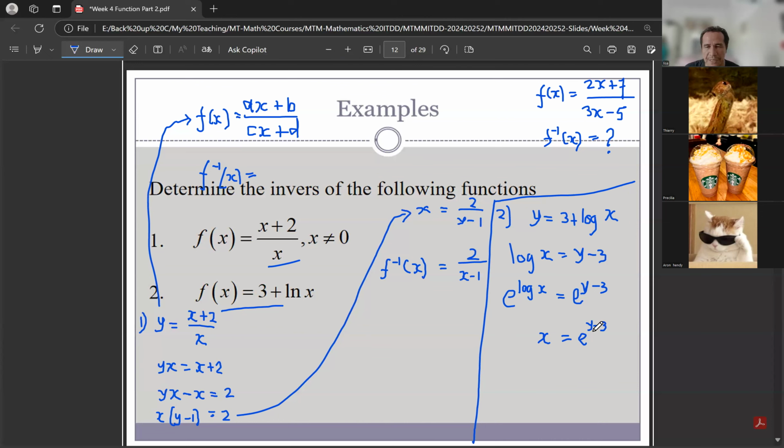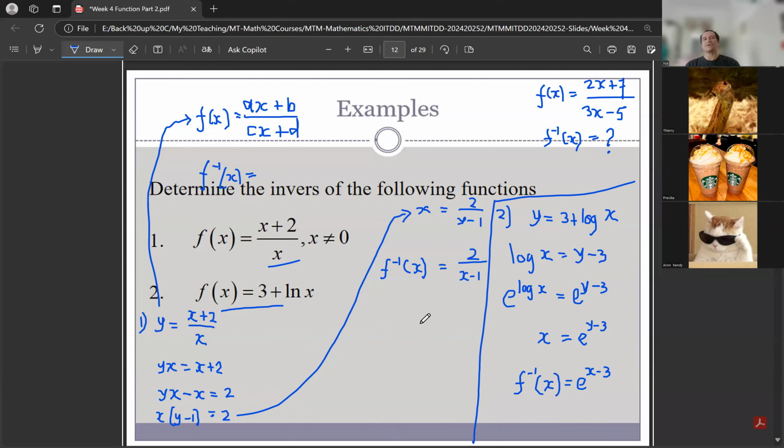In step 3, we interchange y and x. So we have e to the power of x minus 3, and the left must be y, but in this step y can be replaced as the inverse of f.